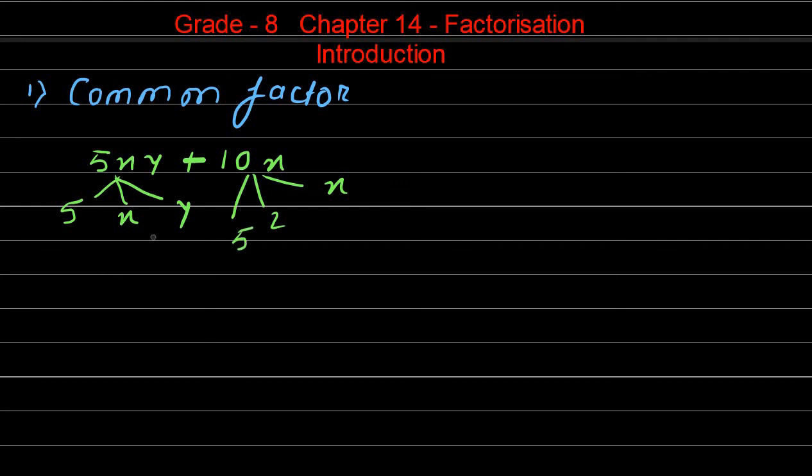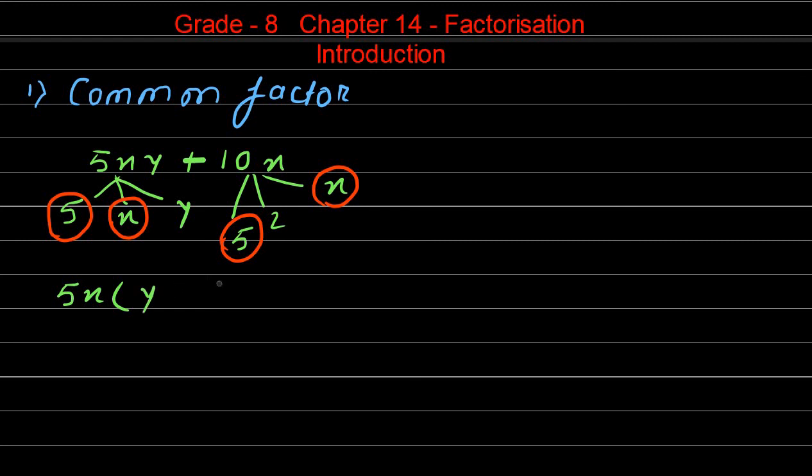Now let's see what is common between them, because our factorization method's name is common factor. So we need to find the common factors. I can see 5 here, 5 here. I can see x here and x here. So we got our common factor, and I can write 5x separately. Now what's remaining with 5xy after 5x is taken common?